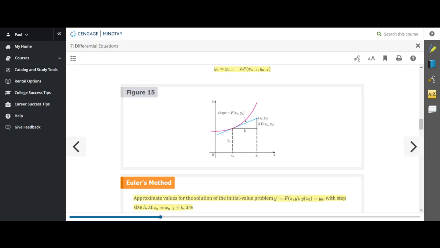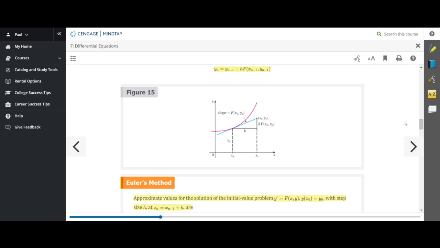Sometimes people call it stepping along the tangent lines. You see, if you have an initial point, you can get a tangent line. And then if you pick a point on the tangent line, you can find another tangent line because you know the value of the derivative based on the differential equation.